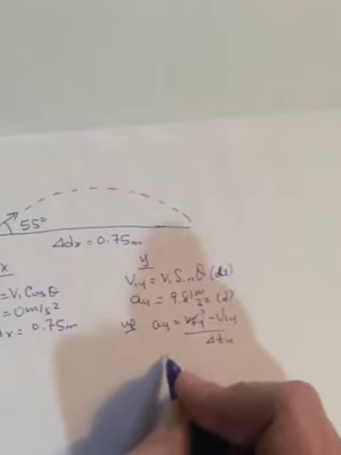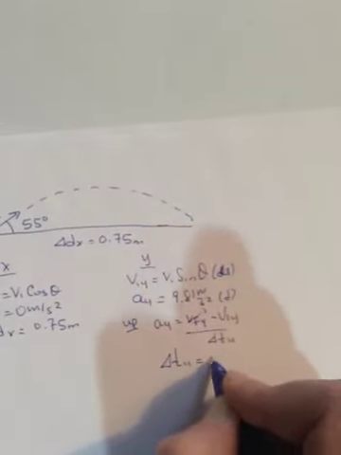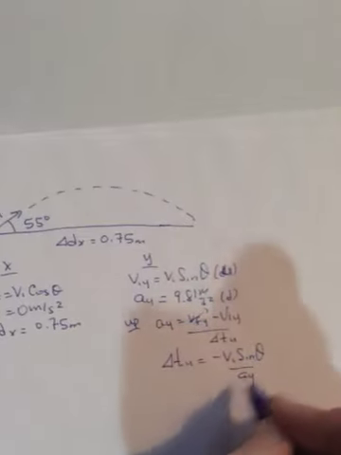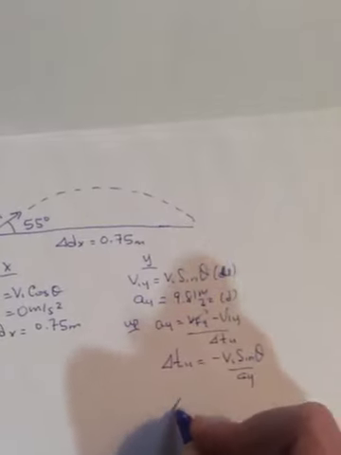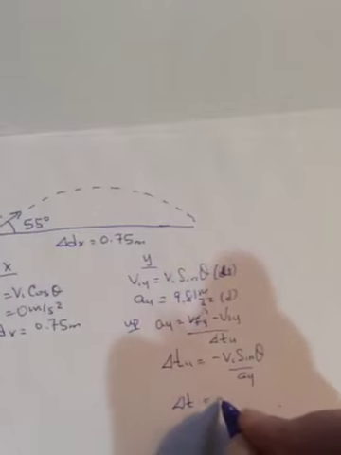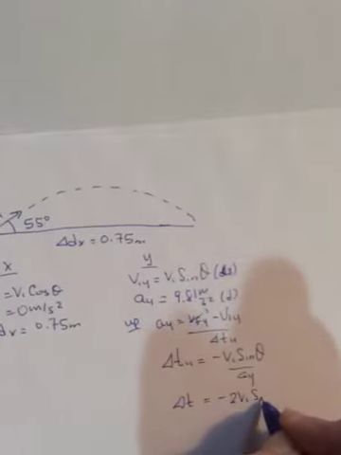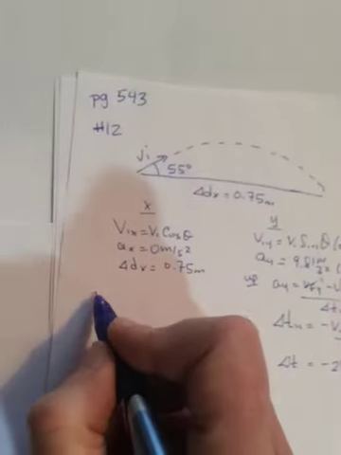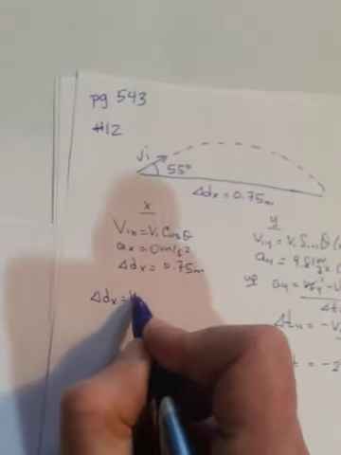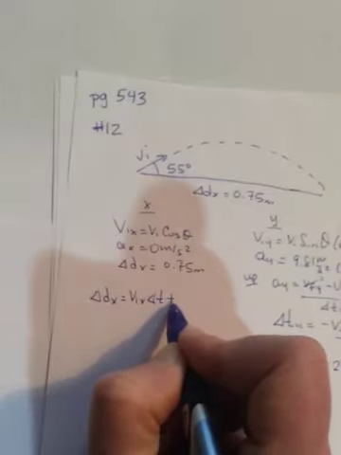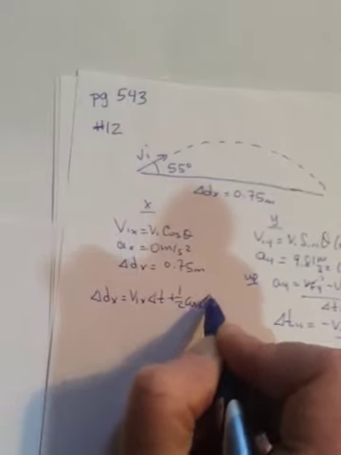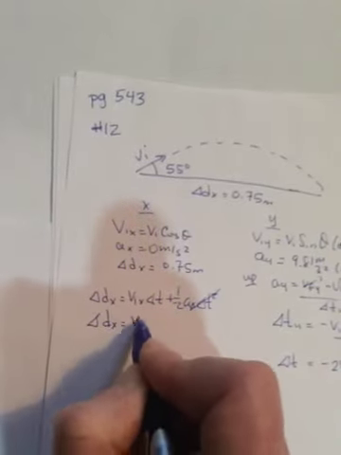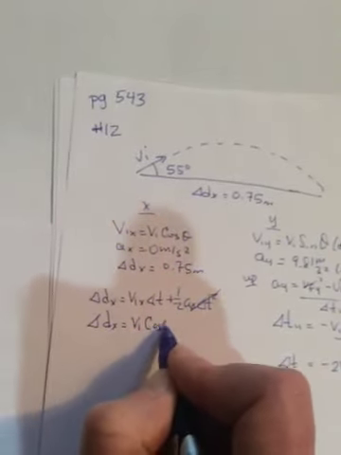This goes to 0. And so delta TU will be negative VI sine theta over AY, but we can't find it because we have two unknowns. But delta T total will be equal to negative 2 VI sine theta over AY. So then if we go to our x direction, delta dx is equal to VIX delta T plus 1/2 AX delta T squared. This goes to 0. Delta dx will be equal to VI cos theta delta T.